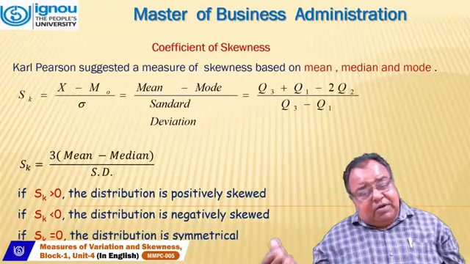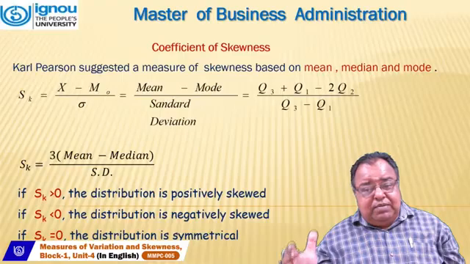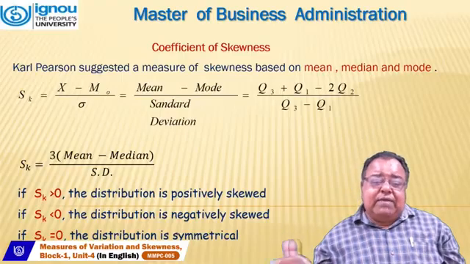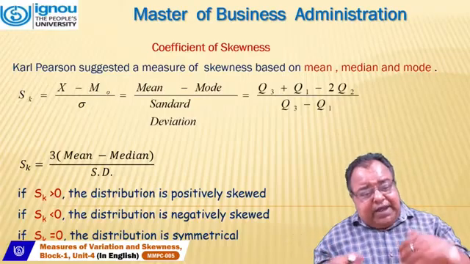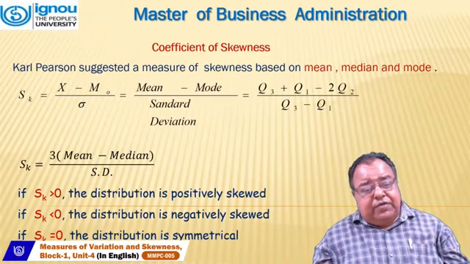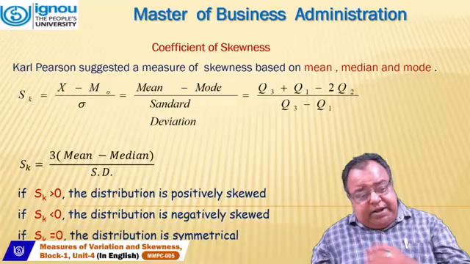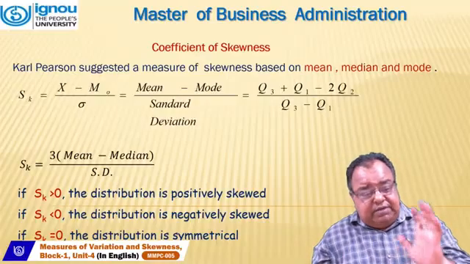And in terms of quartiles, it is Q3 plus Q1 minus 2 times Q2 divided by Q3 minus Q1. You remember that we have an empirical relation, but we can convert this mean minus mode in terms of mean and median. That is 3 times mean minus median upon standard deviation.